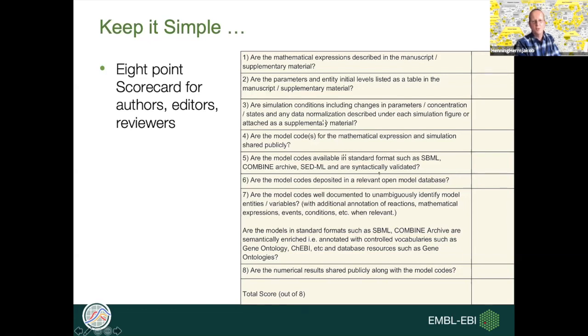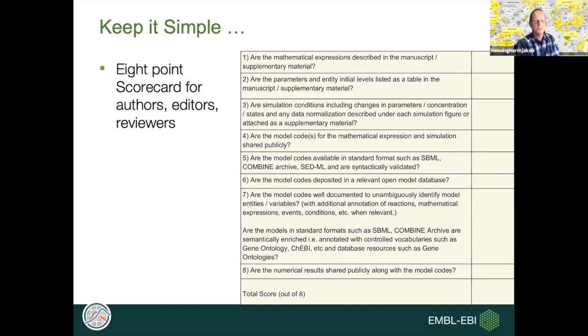Are the models well annotated so that they are also findable with sub-aspects of the model, like what are the proteins and chemical entities which are under consideration and occur in the model? And finally, are the numerical results, not only the figures, but also the numerical results of the simulation, shared publicly along with the model code?